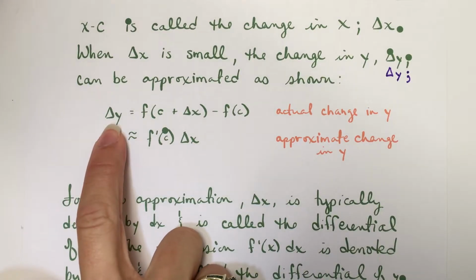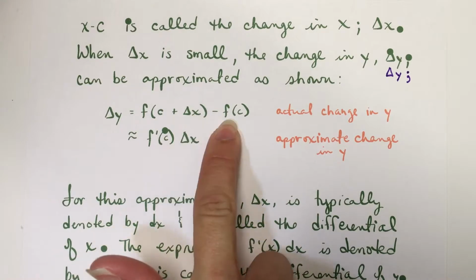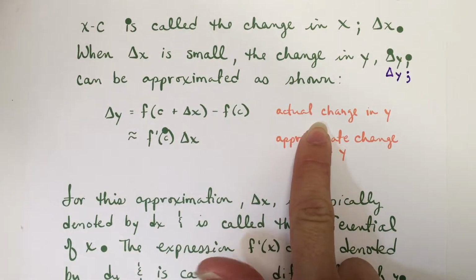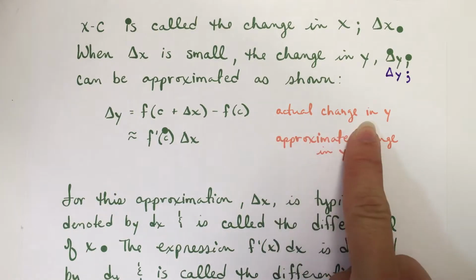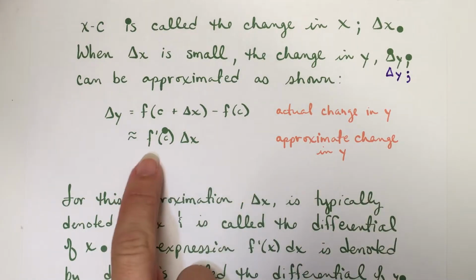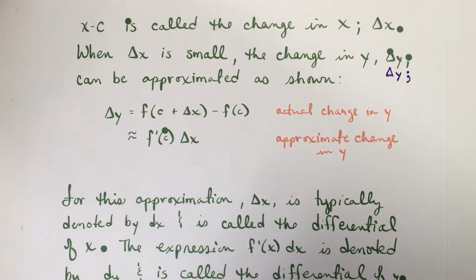So to get your change in Y, then this is just doing your subtraction, okay? Now, this is what they actually refer to as your actual change in Y. If you want your approximate change in Y, then that's where your f prime of C times your delta X is going to come in for your approximation.